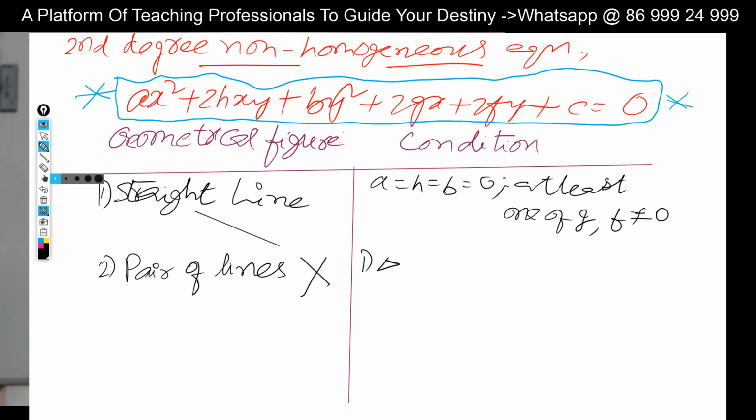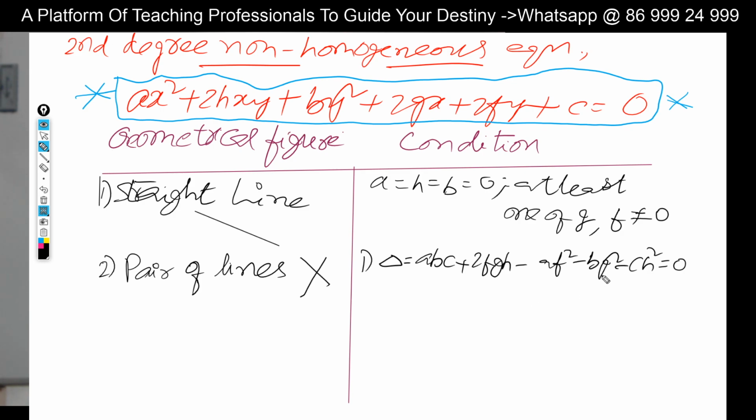What is delta? Let me write that. Delta is equal to ABC plus 2FGH minus AF square minus BG square minus CH square is equal to 0. Further, we will be calling this delta. You should not get confused about what delta is. In case of this pair of lines, delta is equal to 0.